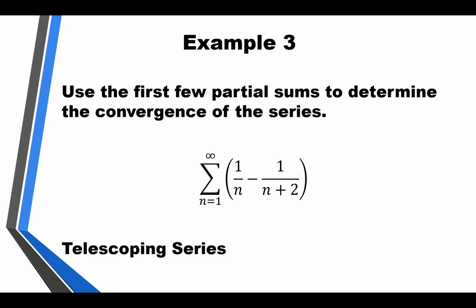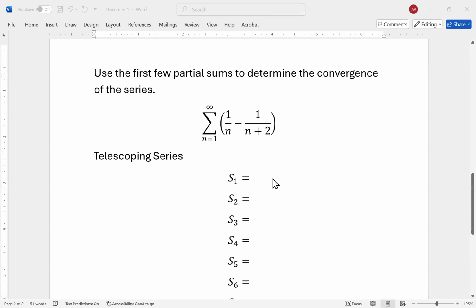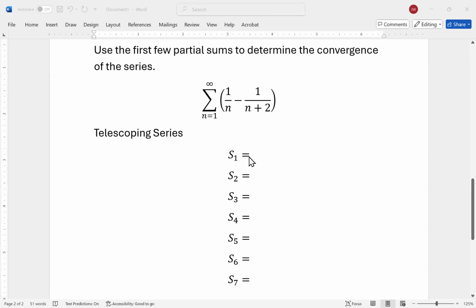So let's take a look at the infinite series of when we take 1 over n minus 1 over n plus 2. This is called a telescoping series, and you'll see why in just a moment. All right, so let's go ahead and do the first part. I'm going to write the first partial sum, and I'll write the terms down here in the partial sums.